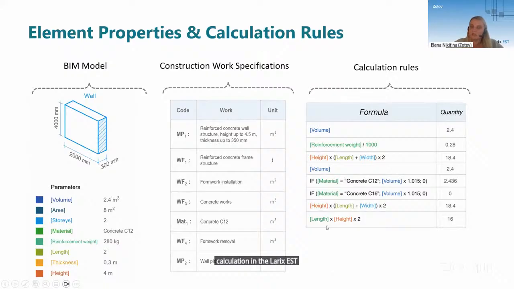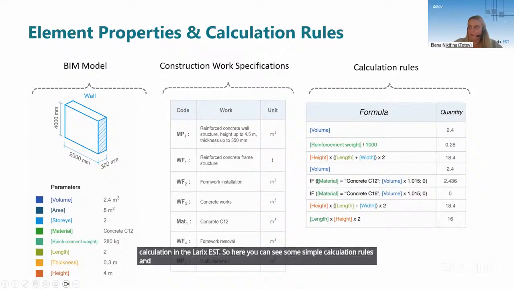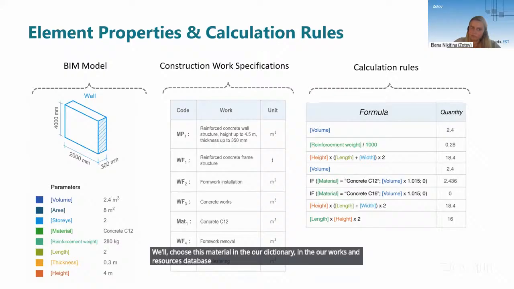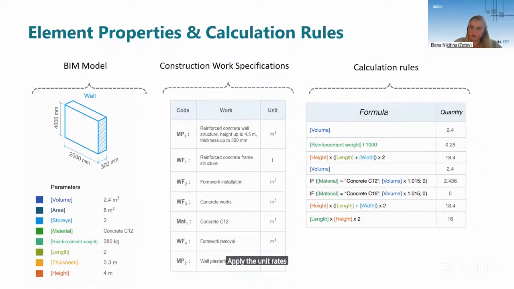So here you can see some simple calculation rules and how it works. For example, if the material includes concrete C12, the program will choose this material in our dictionary, in our works and resources database, apply the unit rates, and add this material to our BOQ when we make a calculation.